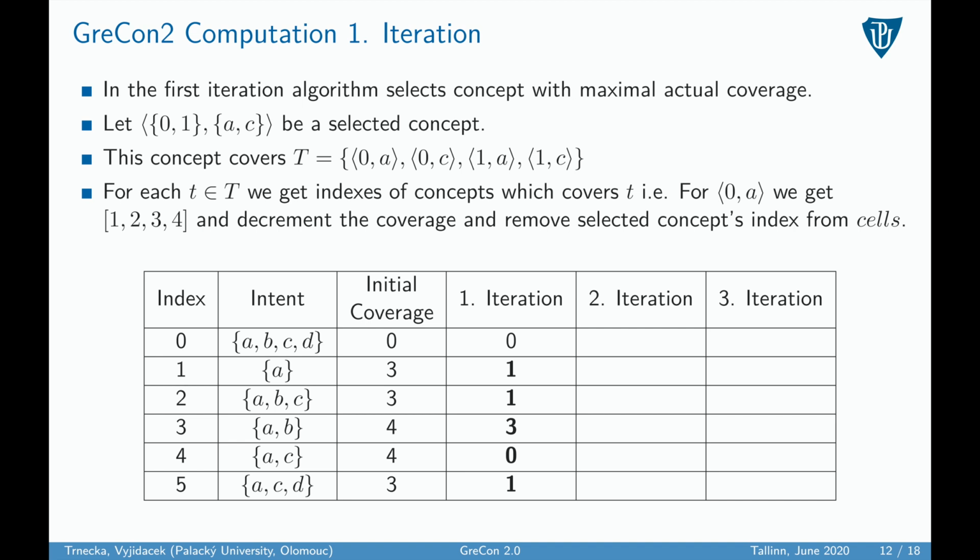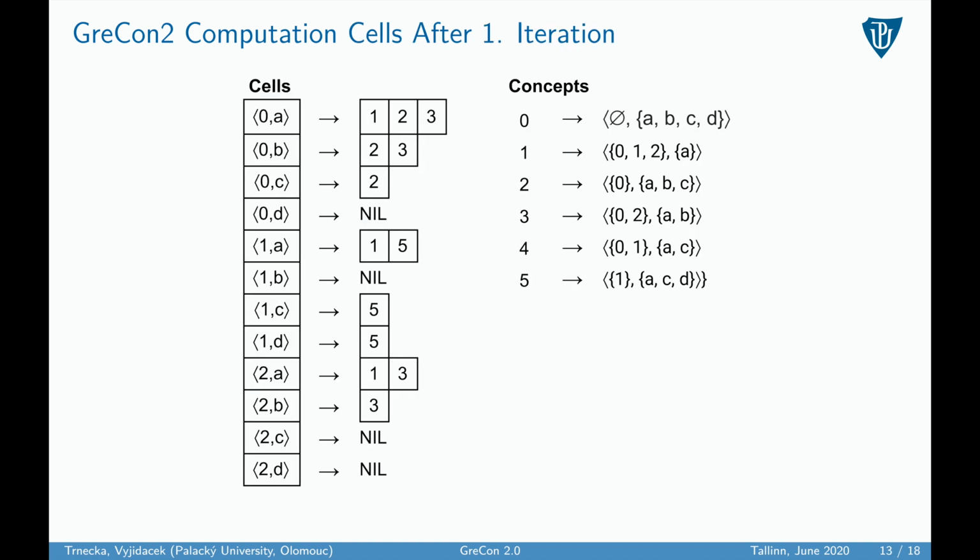Now let's look at how the actual concept coverage has changed. Coverage which changed is in bold font. The selected concept has intent AC and coverage after the first iteration is equal to 0. We also need to remove this concept from cells, so we can't see concept index 4 in the cells.